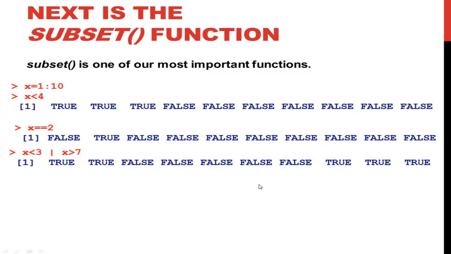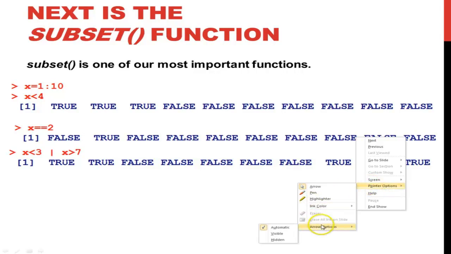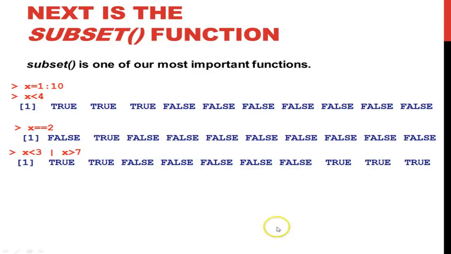So what is this going to do? This one here. So x is less than 3. What does that look like? It's going to be true, true, false, false, false, false, false, false, false, false, false, right?